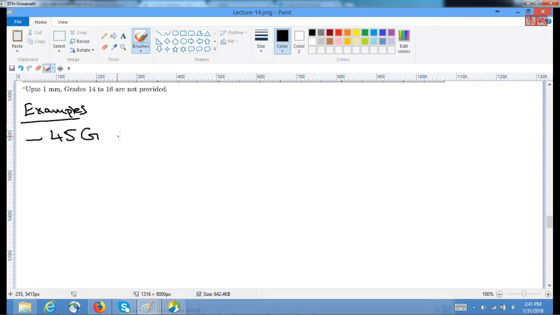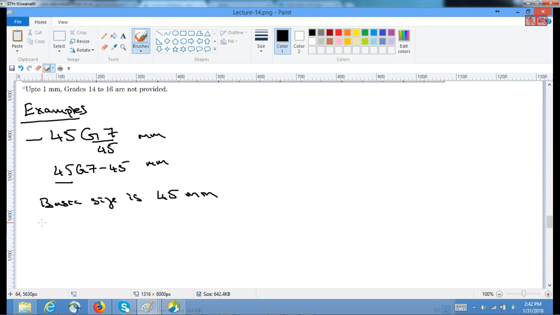45 capital G 7, or people can also mention it as 45 G7, in both cases, the basic size is 45 mm and the fundamental deviation is G, with grade 7.